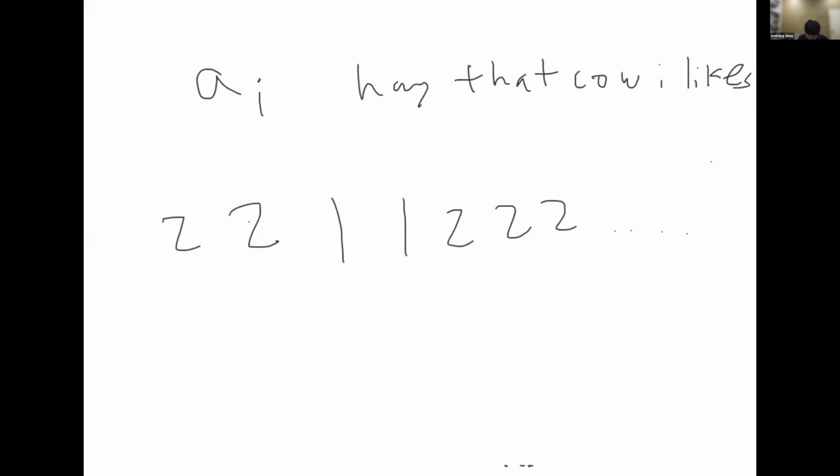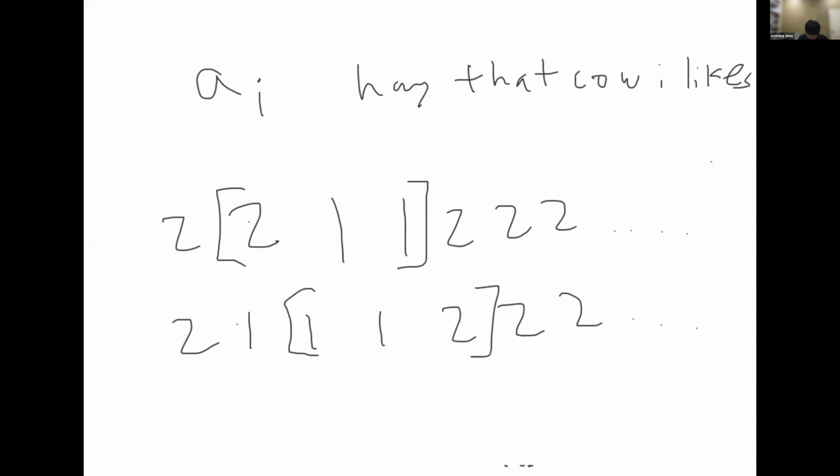For instance, if you select your interval here, afterwards you now have 3 cows who all like this type of hay. Alternatively, you can select an interval here, and you'll have these 4 cows who like this type of hay. So in particular, if there's 2 cows in a row that like a type of hay, you can select a third cow on either end and convince the third cow to also like that particular type of hay.